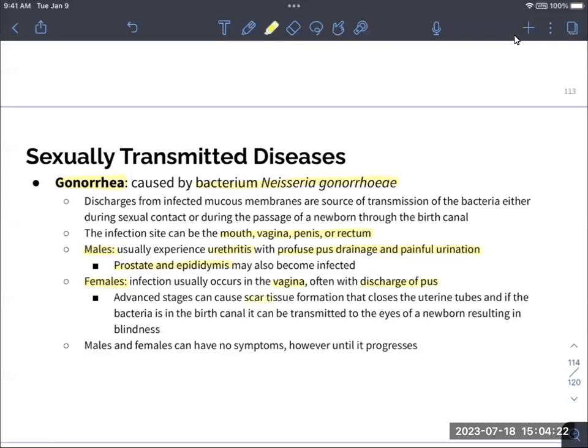It can cause scar tissue formation, and that scar tissue can close the uterine tubes. If that bacteria is in the birth canal, it can be transmitted to the eyes of the newborn, and it can lead to blindness. Most males and females can have no symptoms until it has progressed too far.